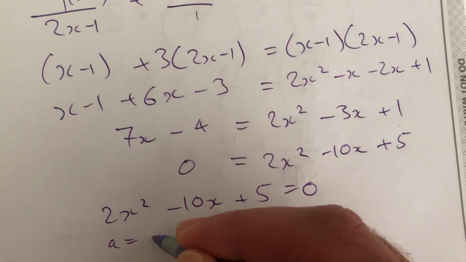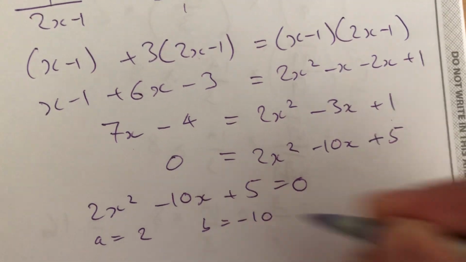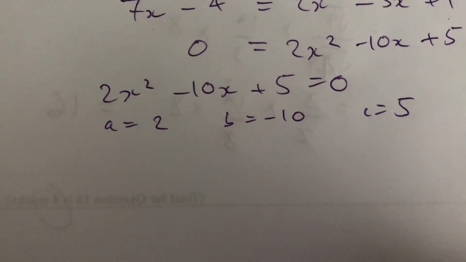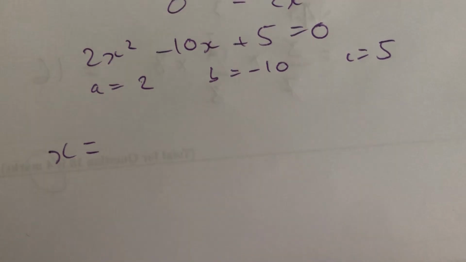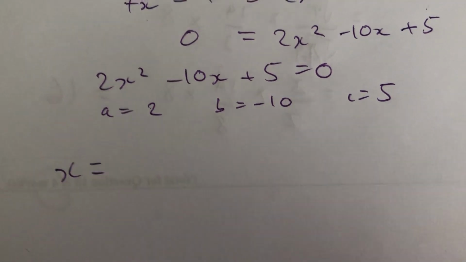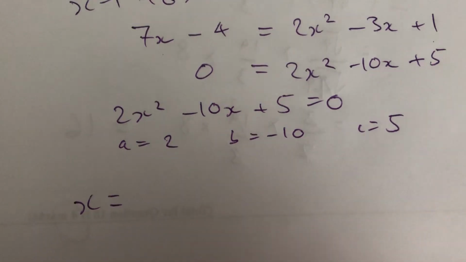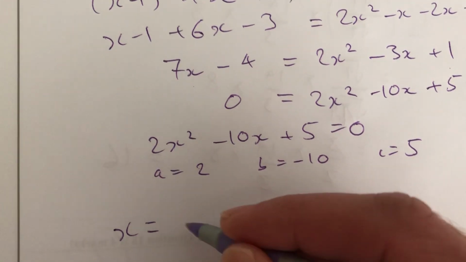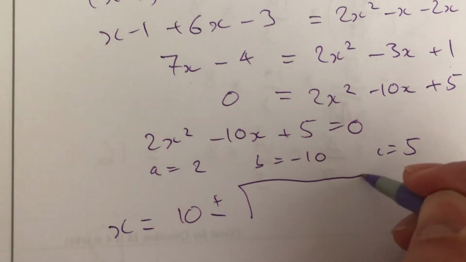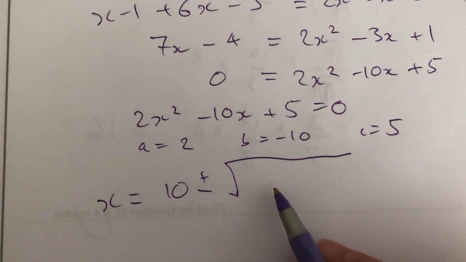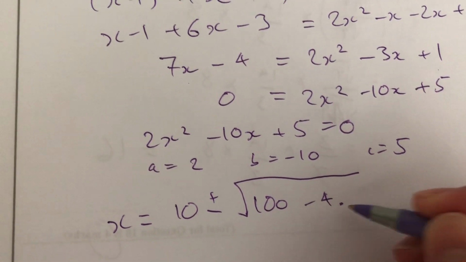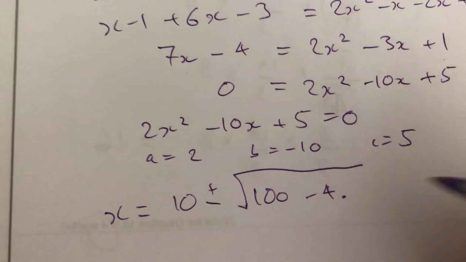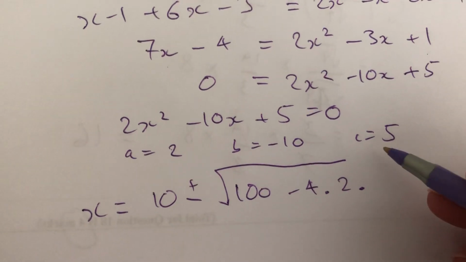So a is 2, b is minus 10, and c is 5. So now I can put it into that quadratic formula. So x equals minus b, so 10, plus or minus the square root of b squared, which would be 100, minus 4 times a, which is 2, times c.